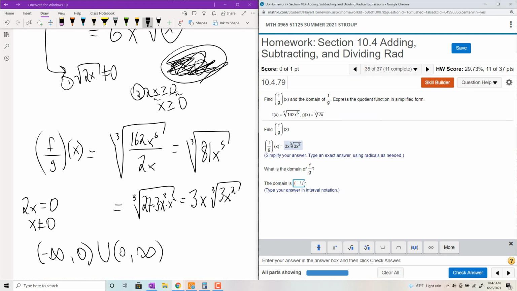Negative \inf, comma 0, and parentheses. Then we need the union symbol. So I'm going to actually click on it. Don't use the letter U. You have to click on it, or it's like \cup. And then open parenthesis 0 to \inf. And that should do it.